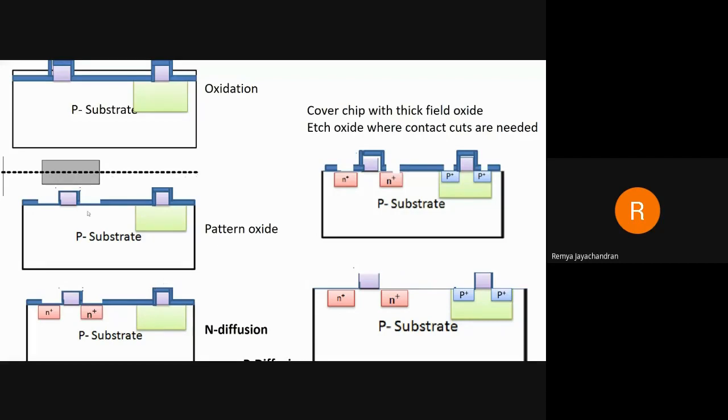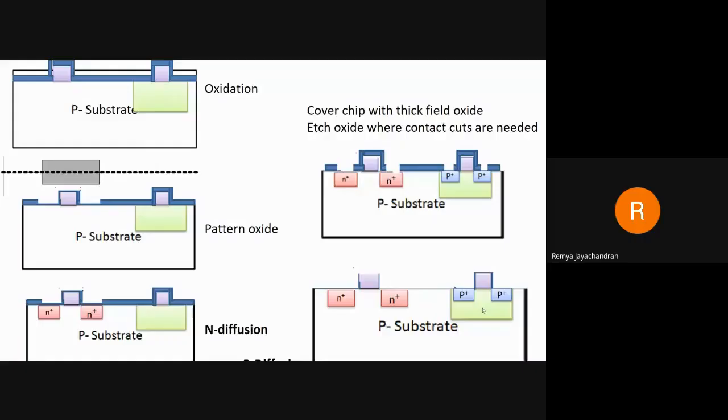We are patterning it. Then the source and the drain for the P region is created by diffusion. And then we are again going on to the NMOS transistor and the PMOS transistor.